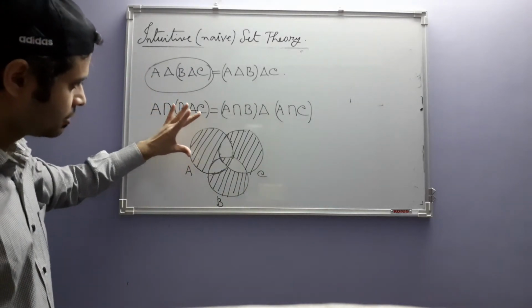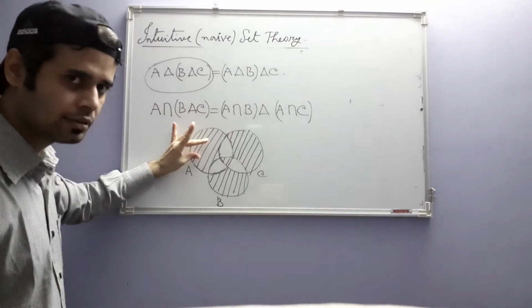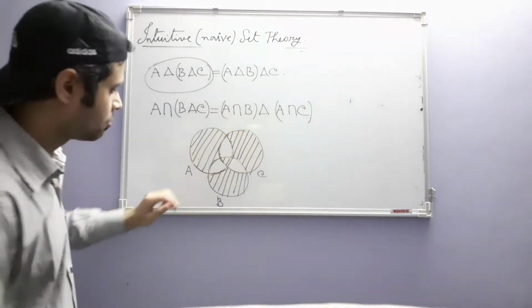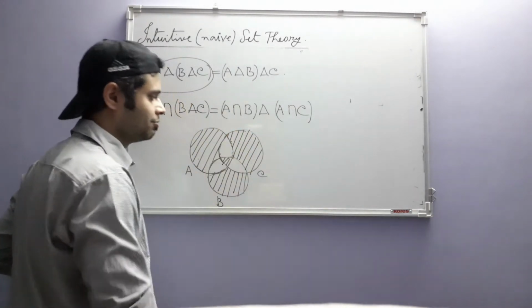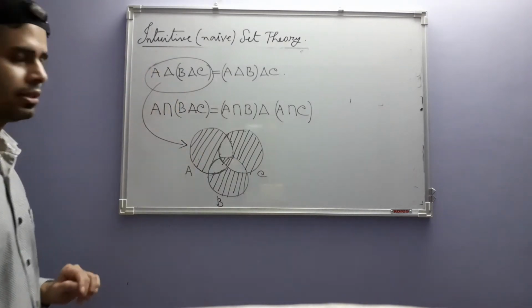It has the elements which are only in A or only in B or only in C or in all the three of them. This is my A delta B delta C.